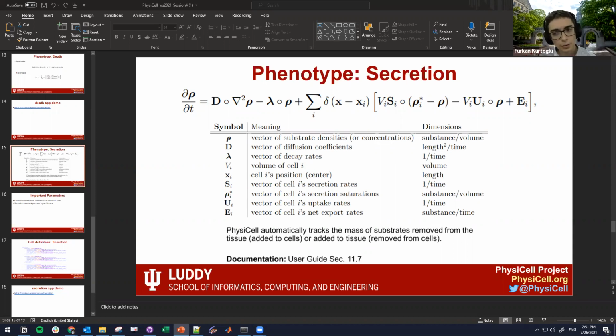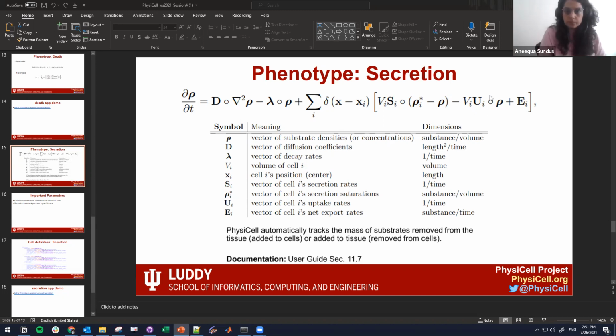I don't think so, because uptake is multiplied by the concentration of the current voxel, so it keeps getting smaller and smaller. Therefore, you cannot have a negative. But if you play with export, yes.